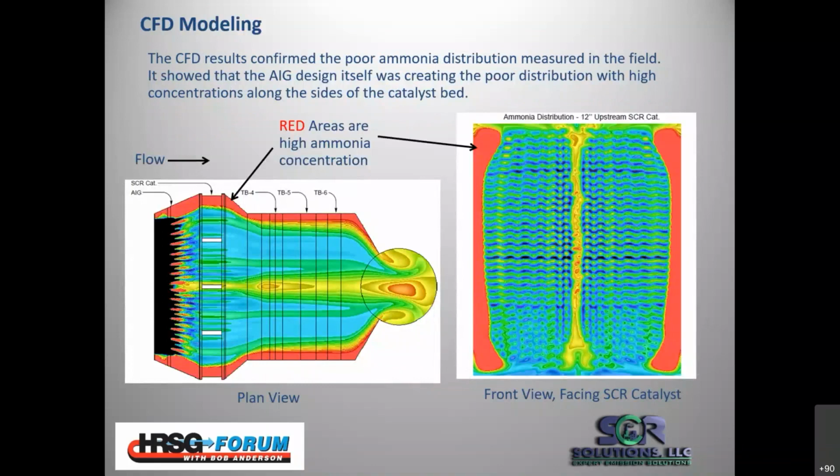The left view is a plan view, and the red is the areas of high ammonia concentration. The ammonia was building up on the sidewalls where it was expanding outward, and it was also concentrating on the bottom too. You can see how it bubbles along the bottom. And we were really picking those up when we were measuring in the field.